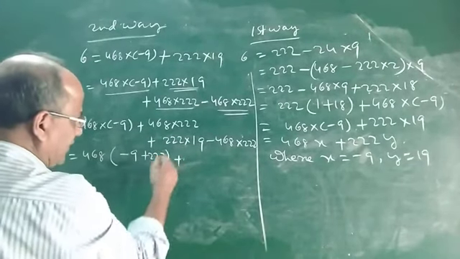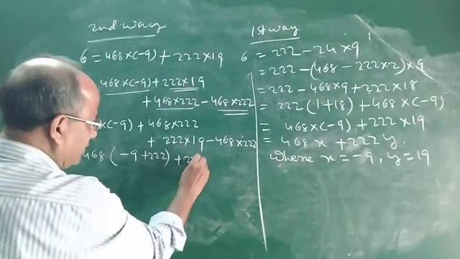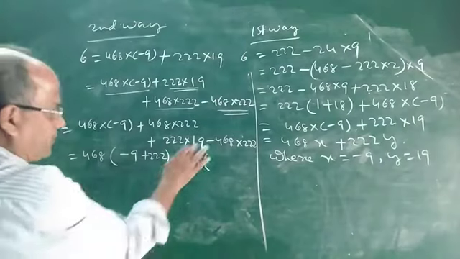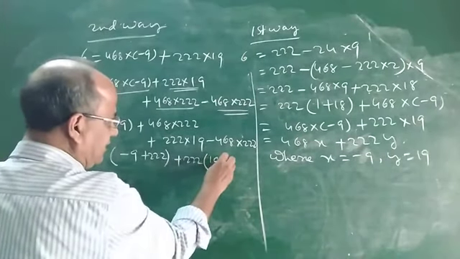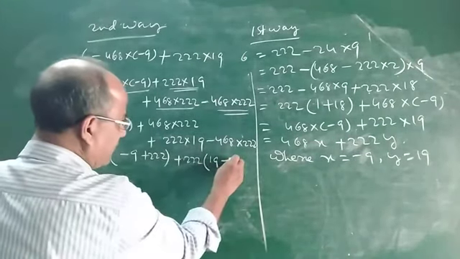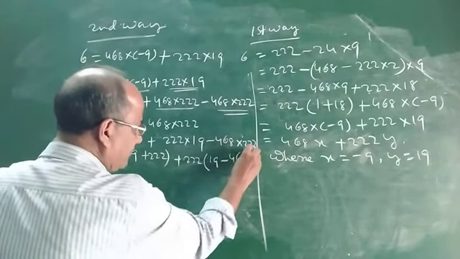Then here you take 222 common. If you take 222 common, what will be left here? 19. And what will be left here? Minus 468.